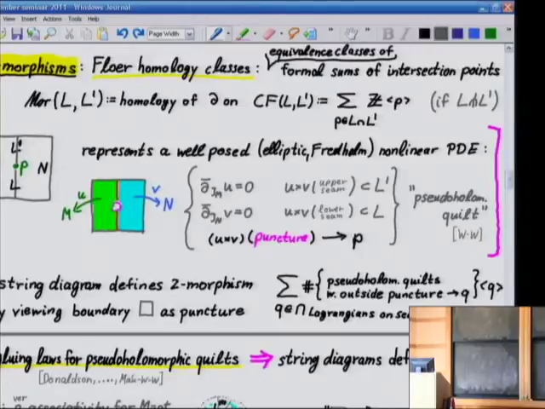Clearly, I have the two boundary conditions. So this, where U times V on this pink end should converge just to this intersection point of L and L prime.